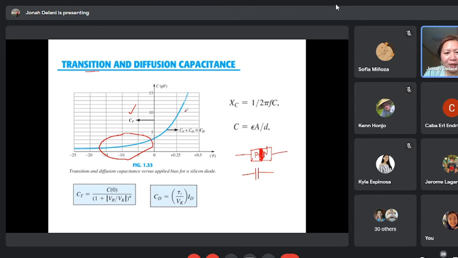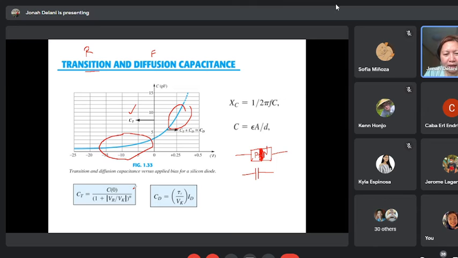At the forward bias region, the capacitance there is that of the diffusion capacitance. Of course, both exist, but the diffusion capacitance has a larger value at forward bias, and in the reverse bias, the transition capacitance has a larger value.